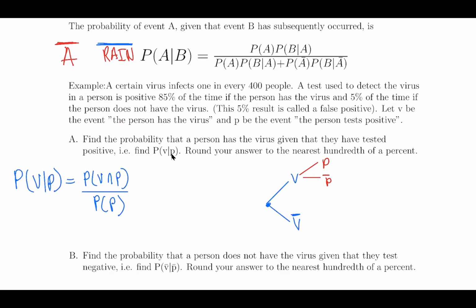If P represents positive, then P bar represents negative. And we're going to do exactly the same thing for the other branch. Everybody good so far on this tree diagram?